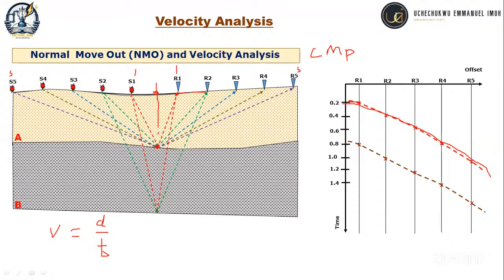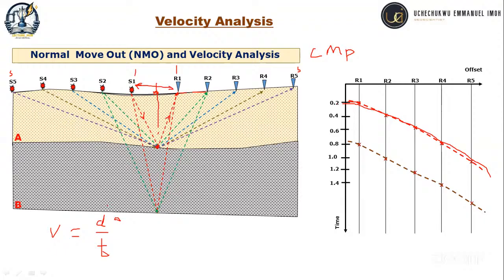Your time here is your two-way time from shot 1 to receiver 1, and the distance of travel is the offset between receiver 1 and shot 1. That's your offset, and that's your distance.